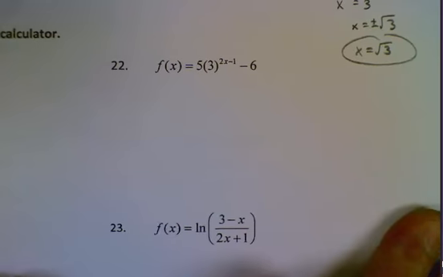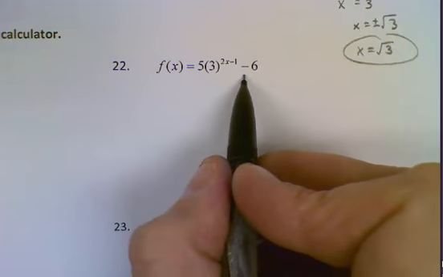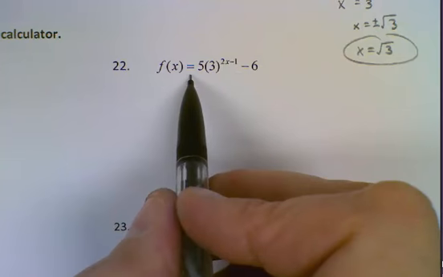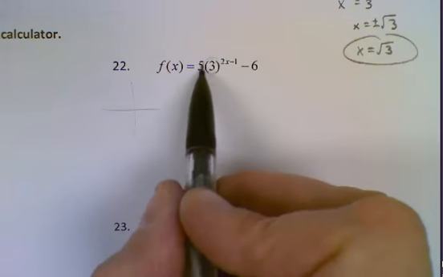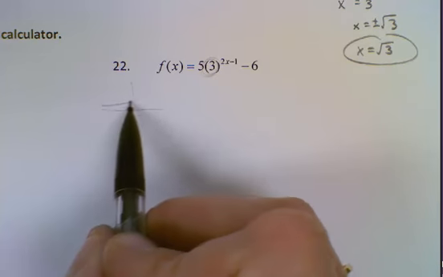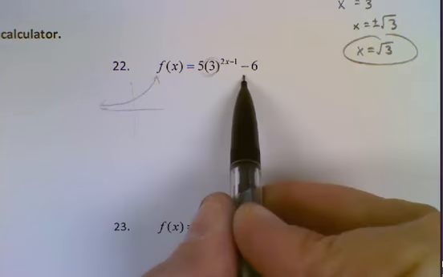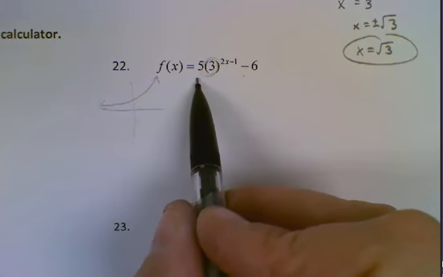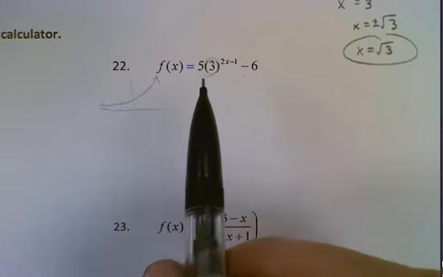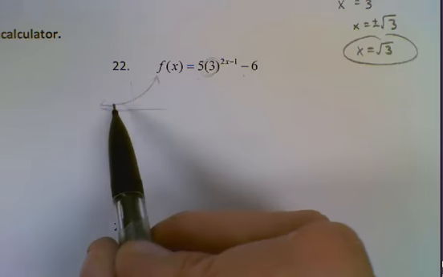22 is a little bit different because 22 is an exponential. So I'm looking for the domain. Remember, an exponential looks like, if it's a base of 3, is an increasing graph. Now the minus 6 is going to push it down 6, and the 5 is going to stretch it out a little bit. But really, if I'm asking for domain, the domain of that is all reals.